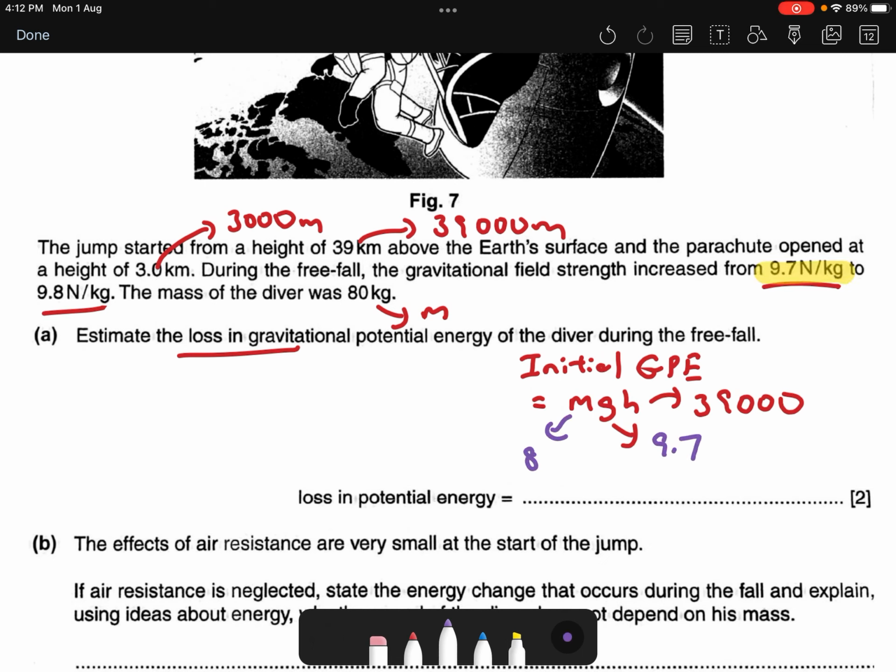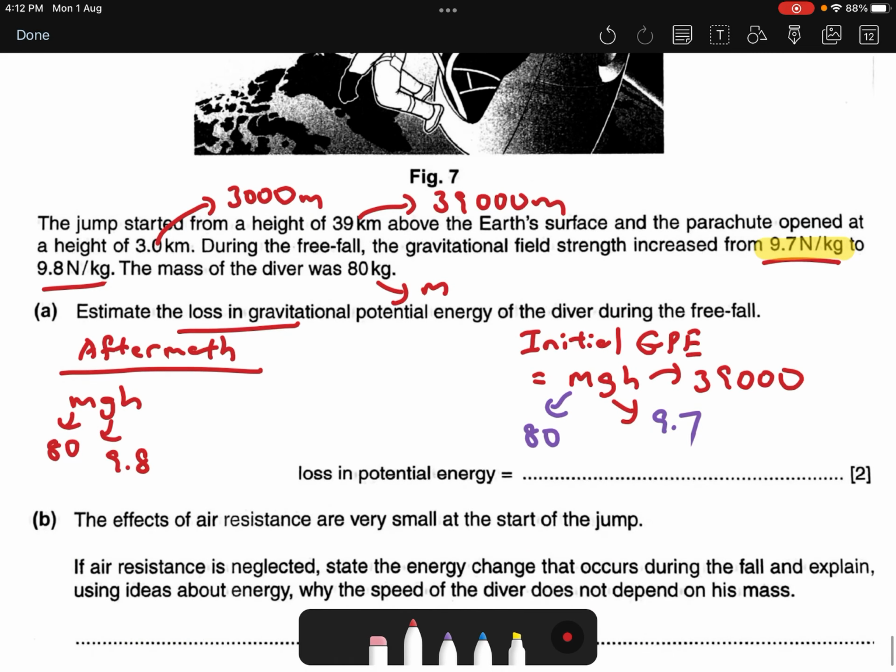Of course the m is 80 kg. Then you calculate. After that you calculate the aftermath GPE, which is equal to mgh. So m is 80, g is 9.8, and h is around 3,000 meter. Then after that you just minus off.